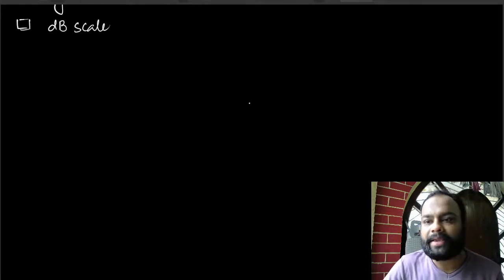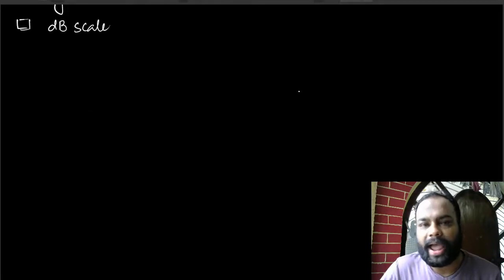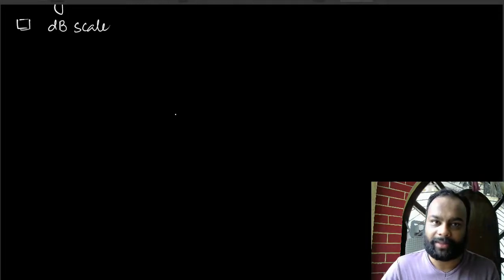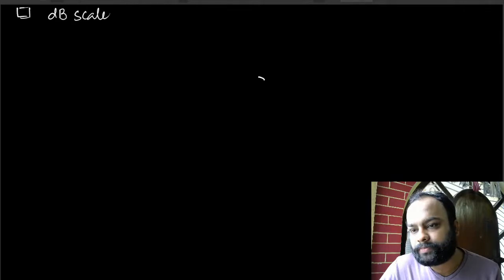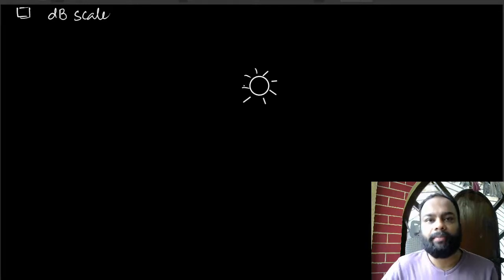Say, imagine you are in a room, a completely dark room. You are sitting in a completely dark room. There is absolutely no light whatsoever. Try imagining something like that. And say there is a single light, maybe a bulb or something. Now it's glowing.